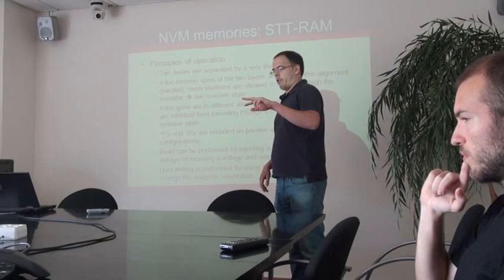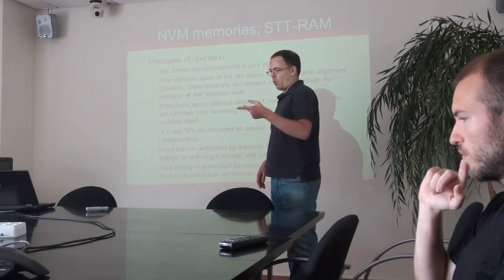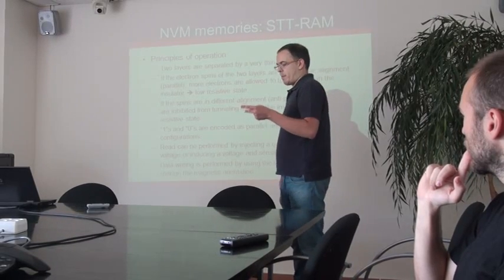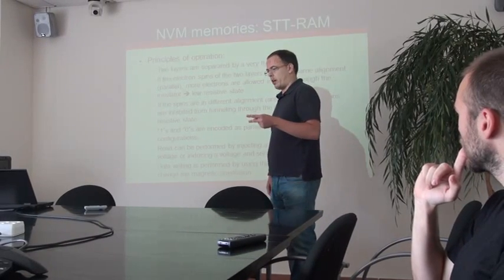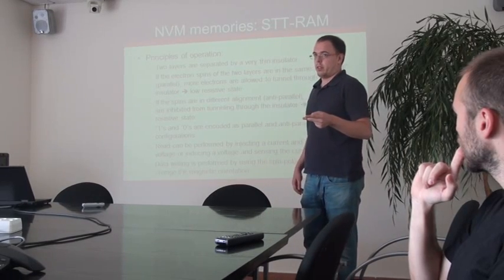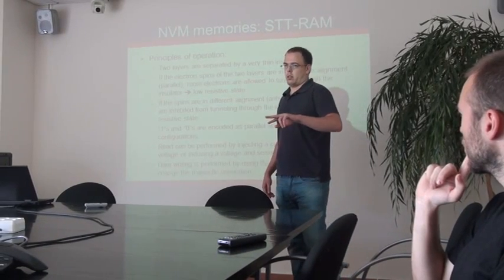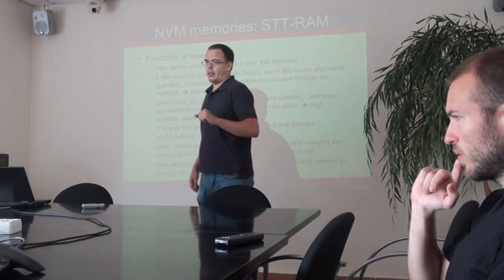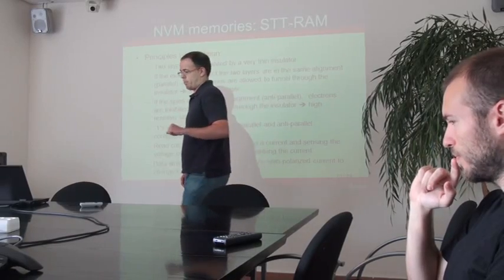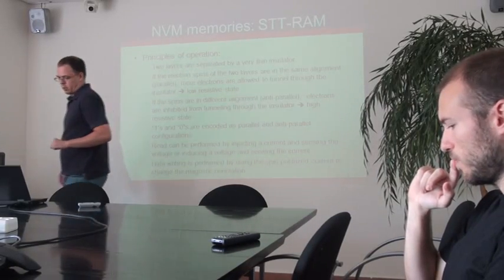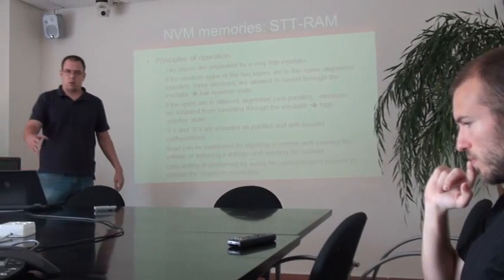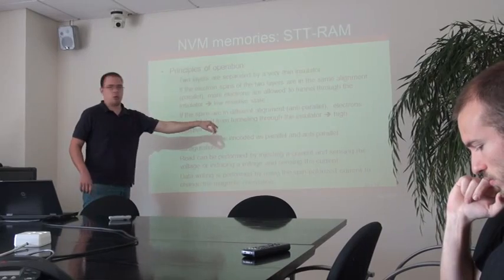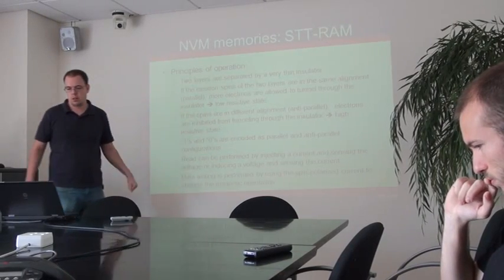If the spins of the 2 magnetic layers are aligned, then the cell presents low resistivity. If the spins are in opposite directions, the resistivity is high, so it doesn't allow current to pass. Of course, ones and zeros can be encoded as parallel or anti-parallel configurations.